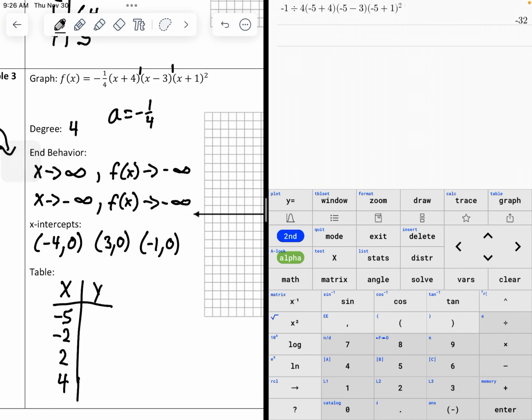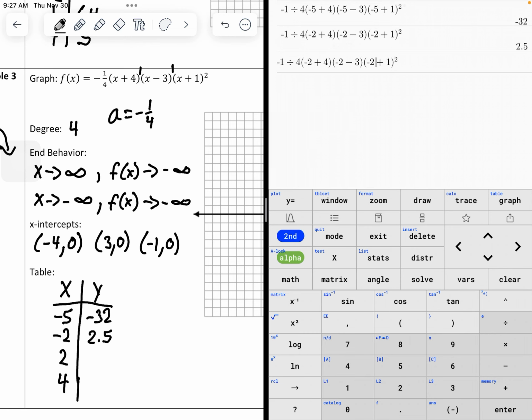Sometimes the numbers are going to be kind of big, and that's okay. Now again, save yourself some time, copy and paste this down here, and then just change out the x value. So delete, delete, don't hit clear. Now I'm going to do -2. I'm going to do all of those as -2. And then we're going to hit enter, and we get 2.5. See how it gave me the decimal this time? I like that.